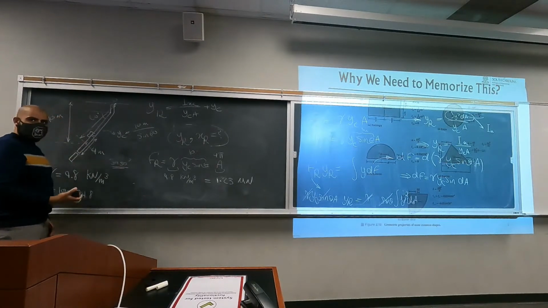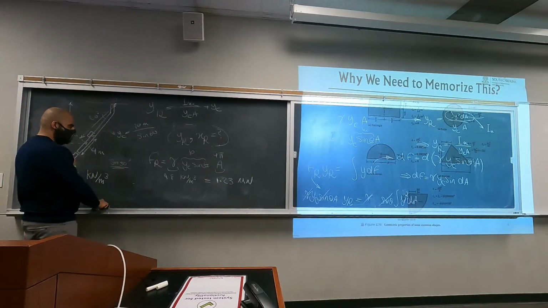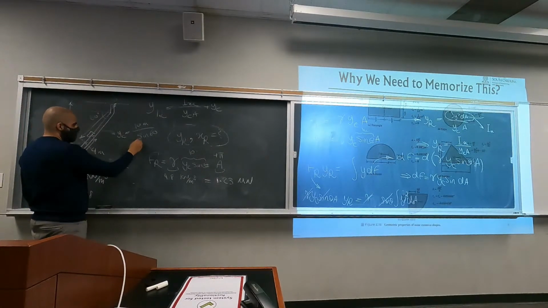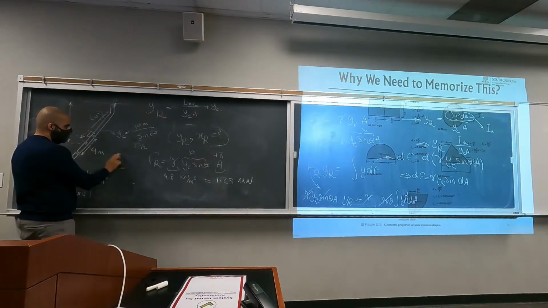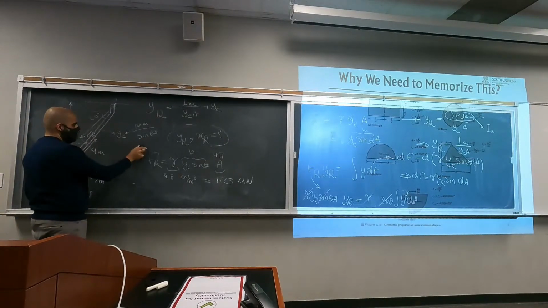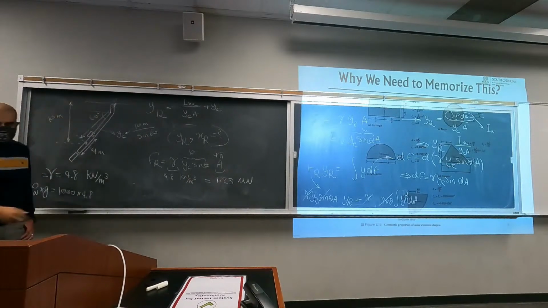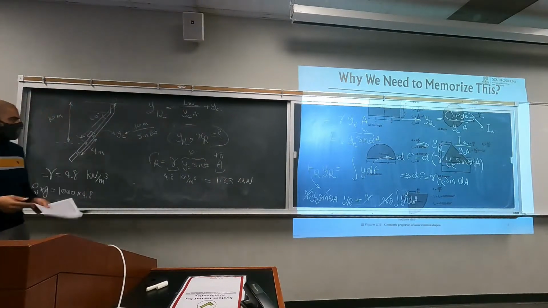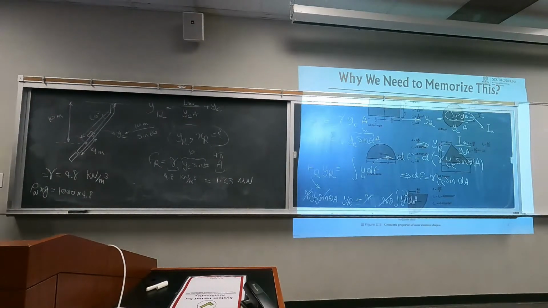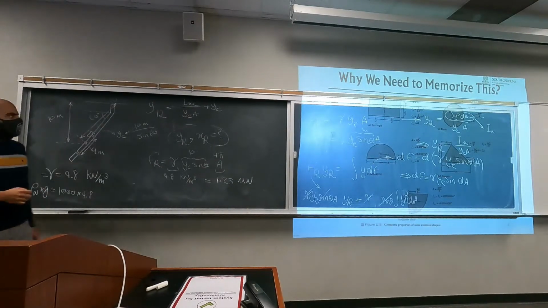Doesn't ring a bell? Sure? Okay. Sine of 60 was square root of 3 over 2. Well, I guess you can use a calculator for it. And you plug the values in, you'll find the y_c.